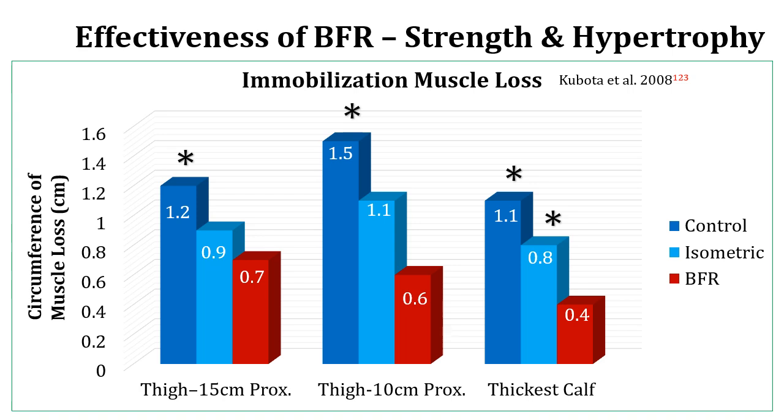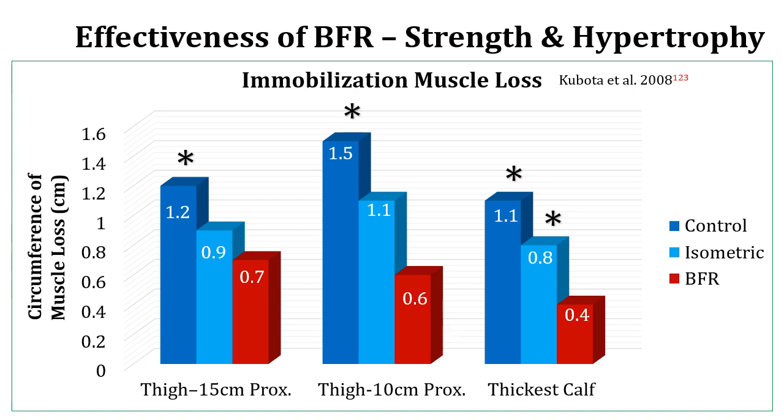But again, the gross nature of the assessment, being circumference rather than DEXA or ideally ultrasound or MRI, doesn't really tell us which muscle groups were associated with the immobilization or with the atrophy specifically.